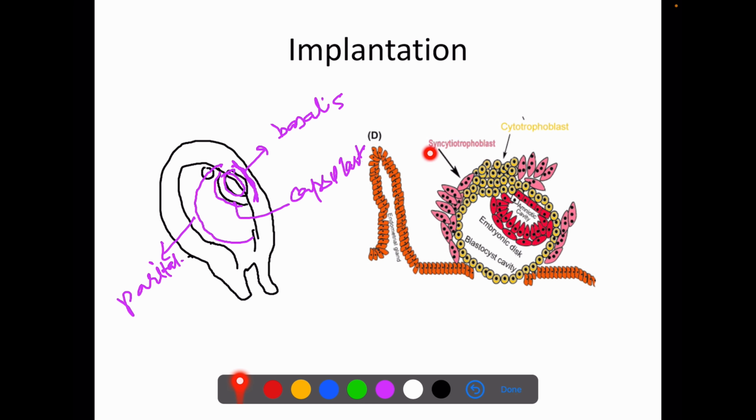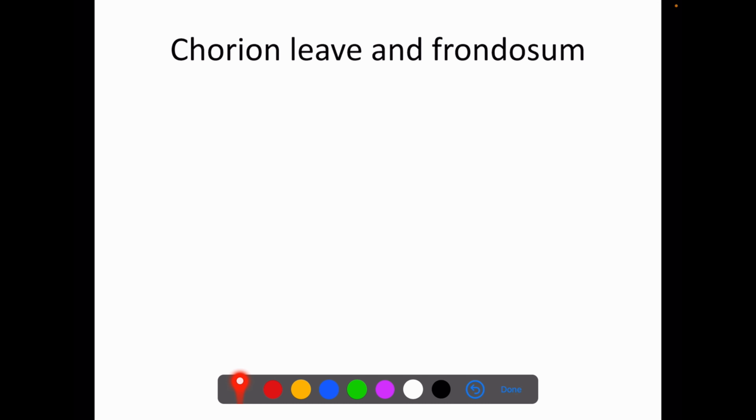Now you know the concept of syncytium from skeletal muscle. Okay, so that sort of syncytium is formed. So outside there is syncytiotrophoblast, inside there is cytotrophoblast, and they are forming the fetal aspect, while decidua basalis is forming the maternal aspect.